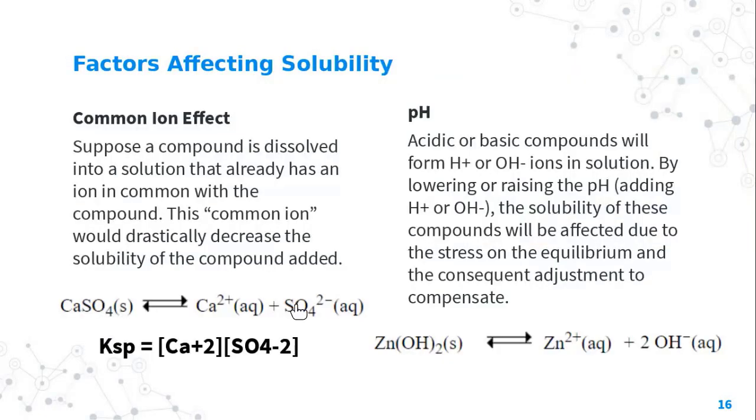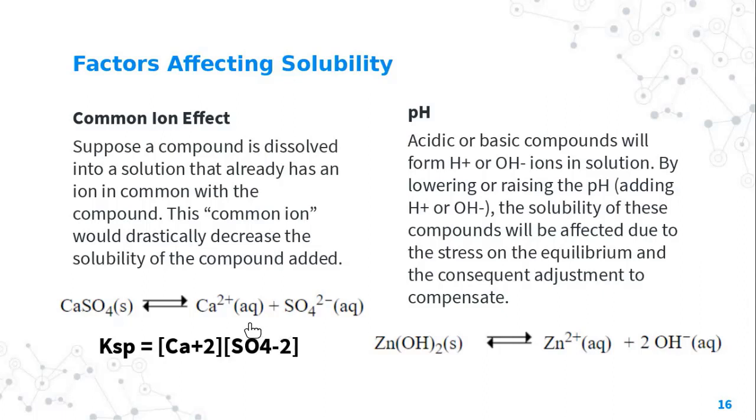Okay, so there are 2 things you are concerned about when it comes to affecting solubility. The first one is the common ion effect. If you have a compound that is dissolved in a solution that already has another molecule or ion in common with it, this is considered a common ion and it brings down the solubility of the compound added. In this example, calcium sulfate breaks apart into calcium and sulfate ions.